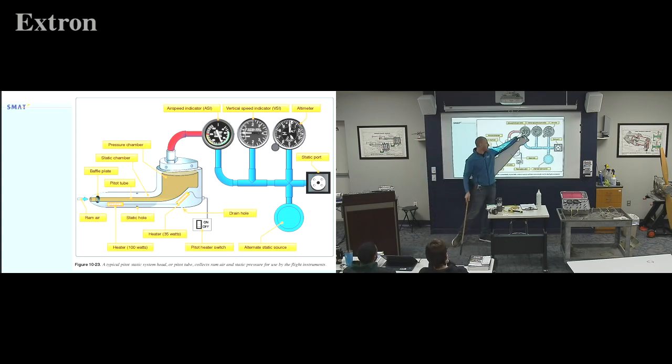That gives me a 0 for a pressure difference converted to airspeed. If I start flying really fast, I'm going to have higher ram air pressure than the air on the side of my aircraft. That's going to move my needle up to wherever is the appropriate calibrated spot for my airspeed. So that device is using both static and ram air.